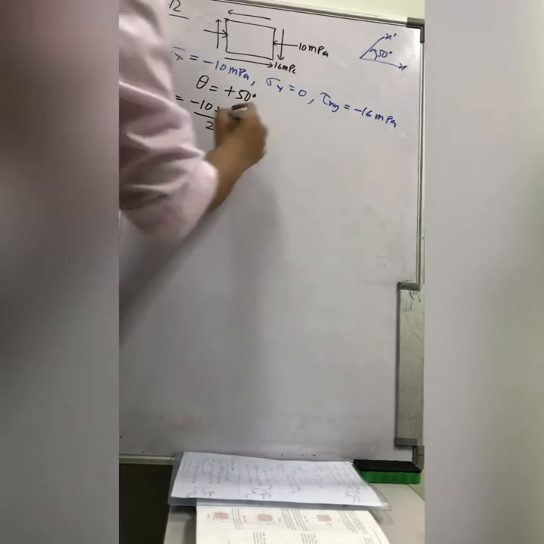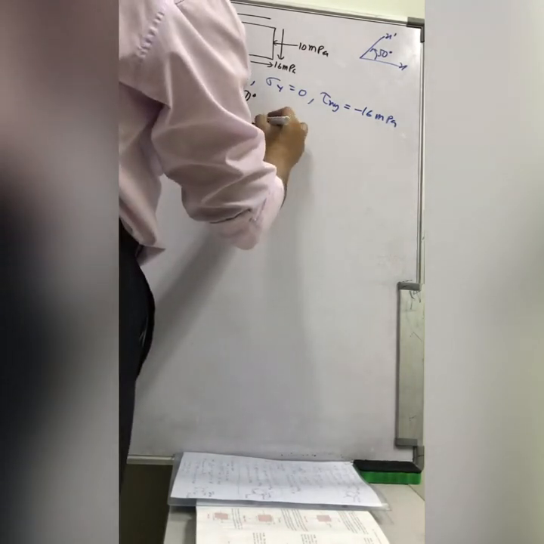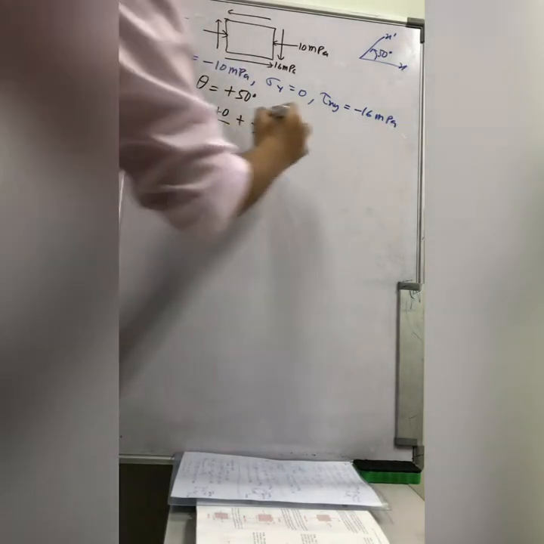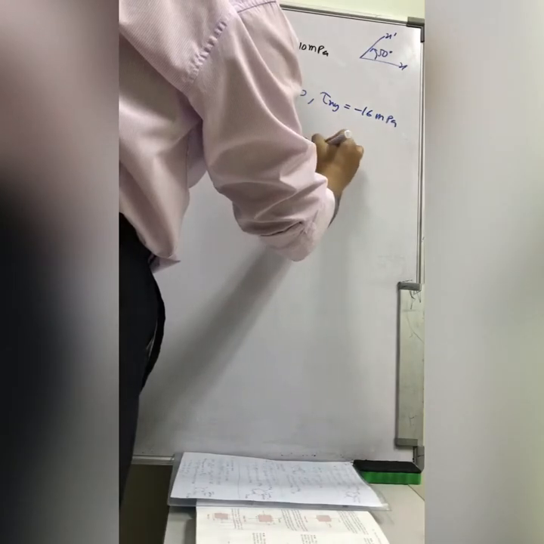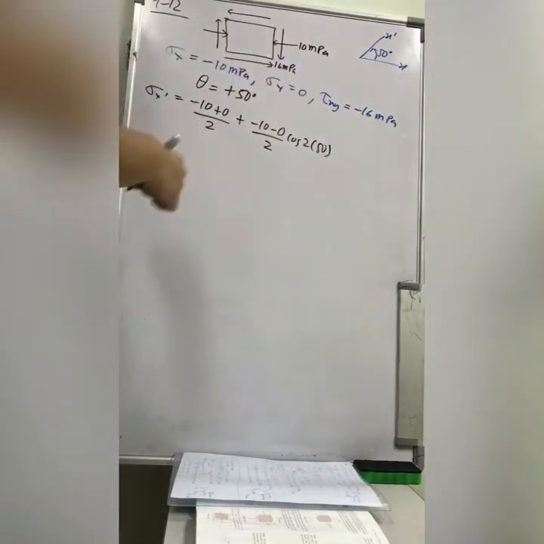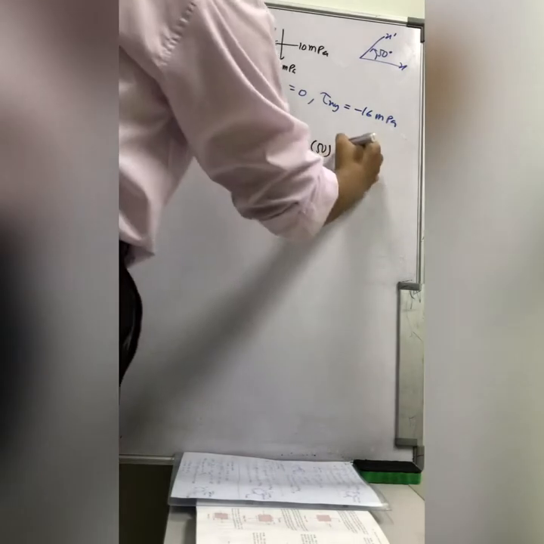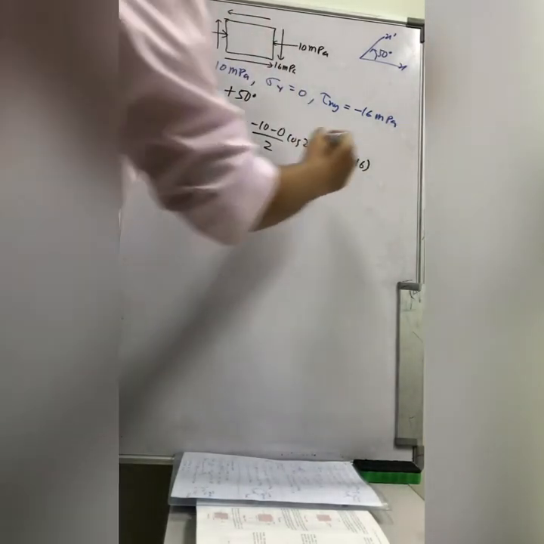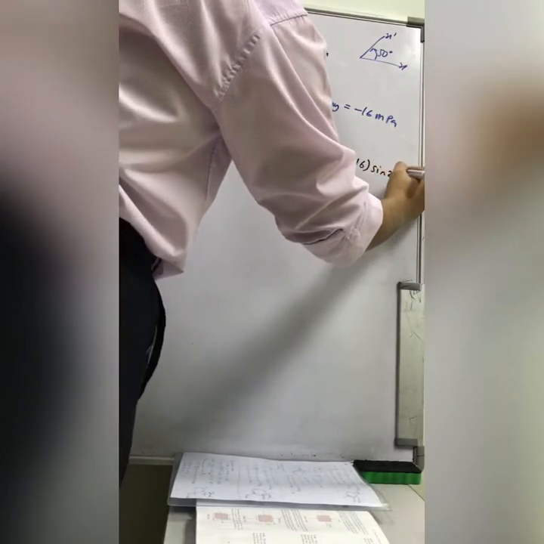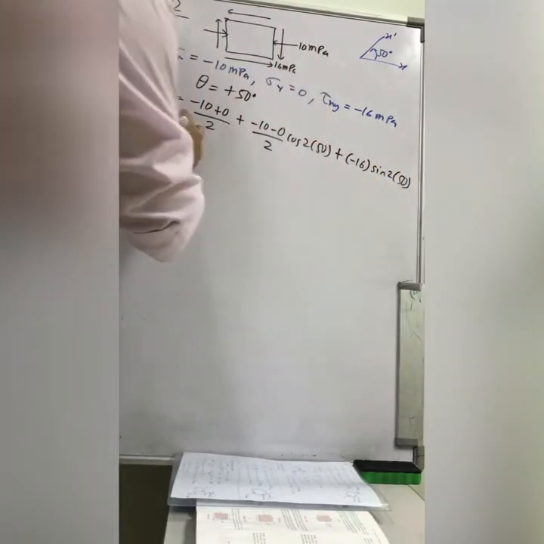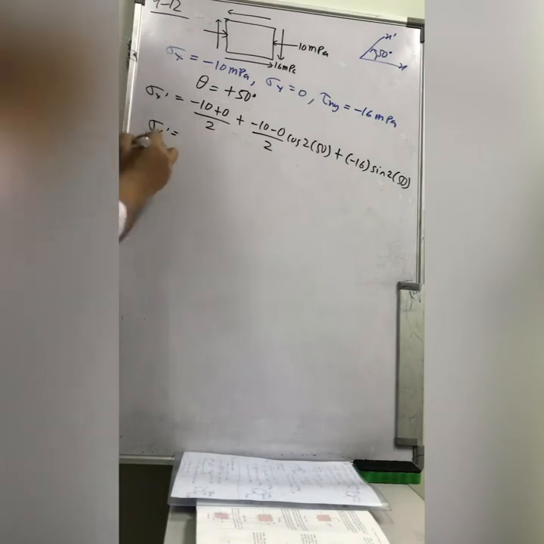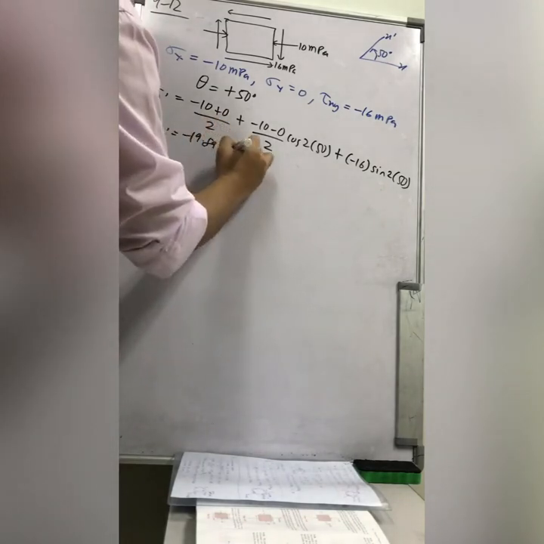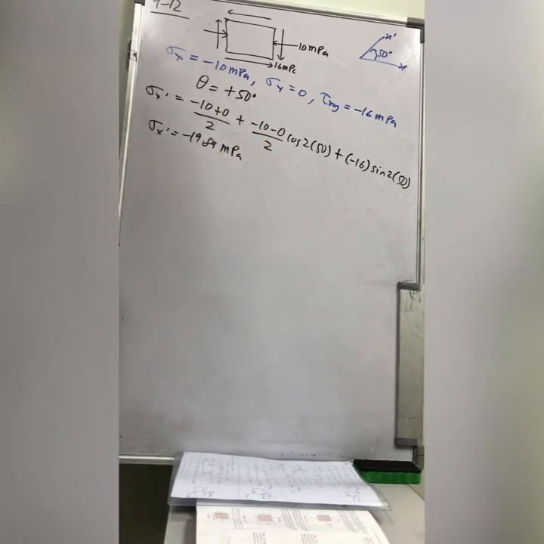And then plus sigma x minus sigma y divided by 2, cosine 2 theta, which is 2 times 50, plus tau xy, which is minus 16, sine 2 theta, which is 50. So your sigma x prime is simply minus 19.89 megapascal, right?